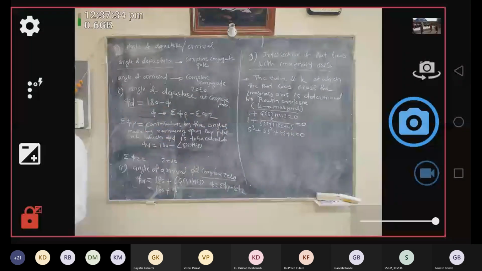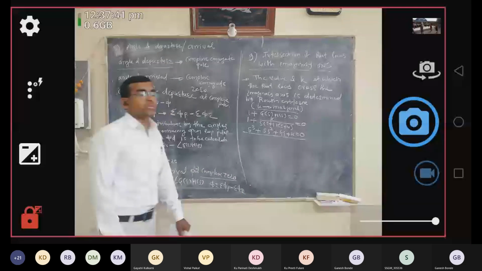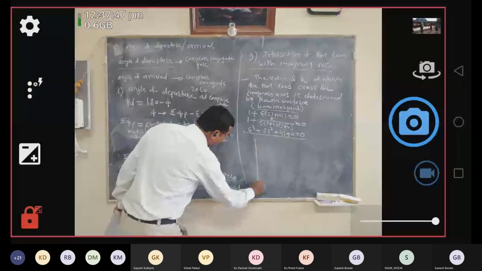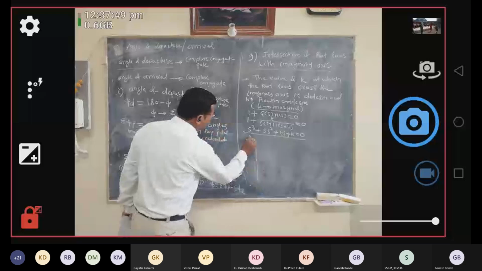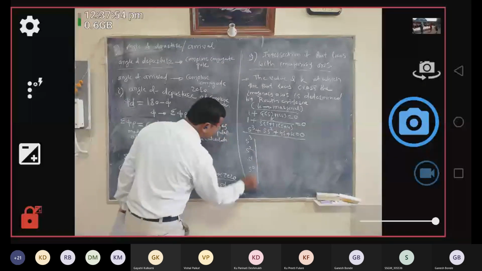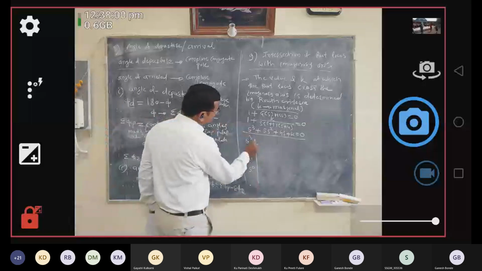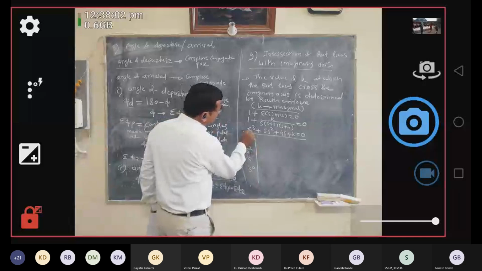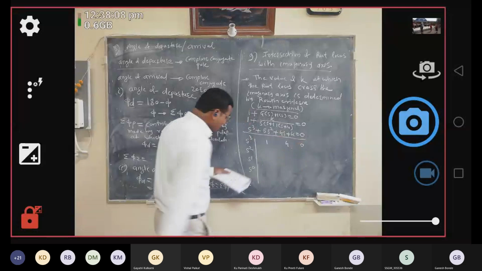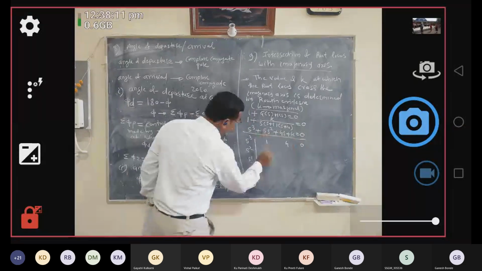Now apply Routh's criteria to solve this characteristic equation. You have to prepare a Routh array. The highest power of s is s cube, then s square, s1, s raised to 0. The alternate coefficients: 1, 4, 0 in the first row, then 5, k, 0.